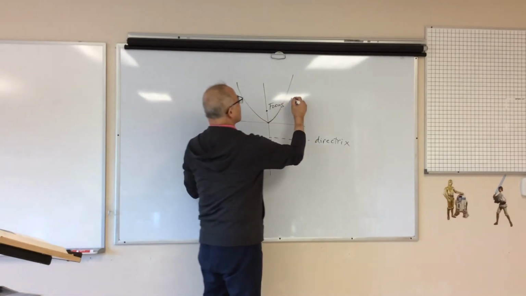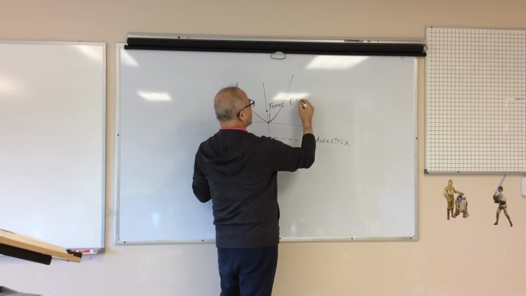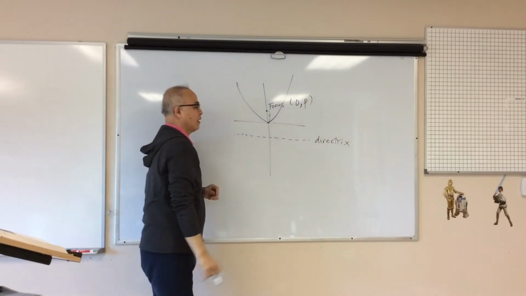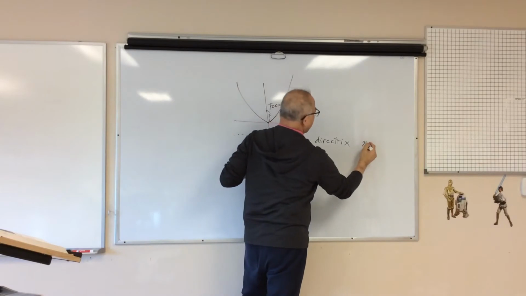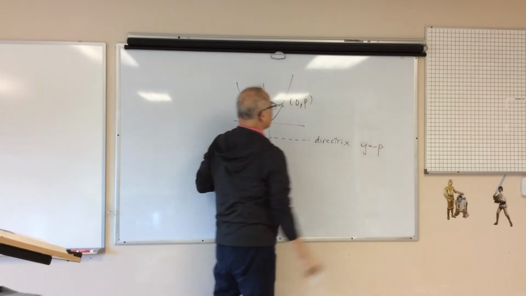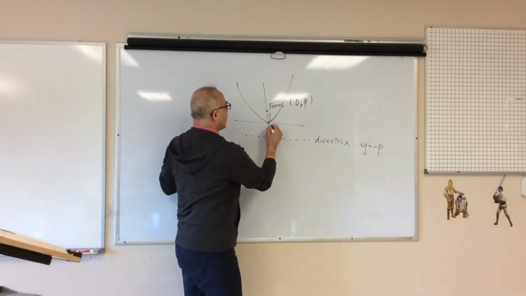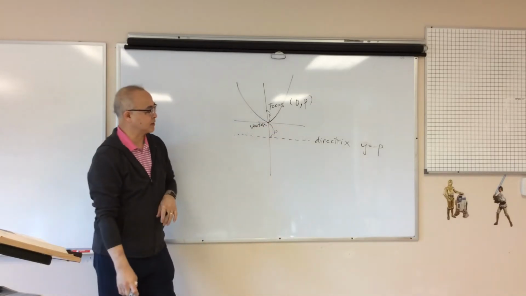So if the focus was P away here, it's going to be 0 and P. Since this is P, the directrix is going to be y is equal to negative P. In other words, it is the same amount away from this point, which is called the vertex, as the focus was before the vertex.